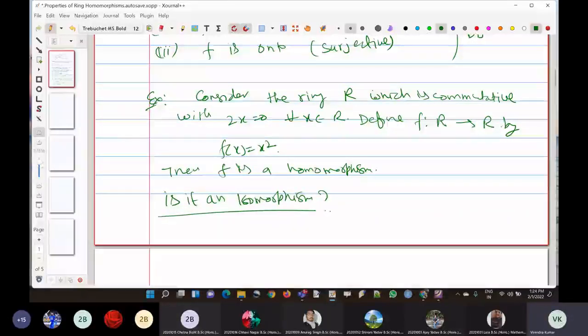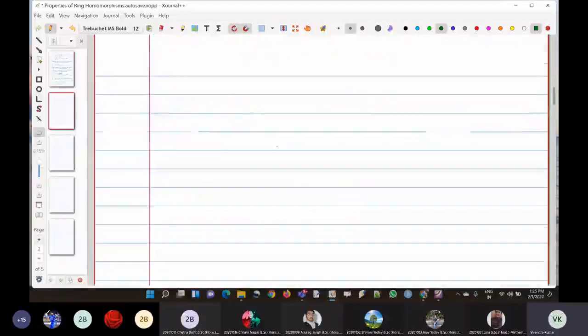This you can answer. This kind of example, I think yesterday we were talking about the characteristic 2 and all. So you can relate this with that.